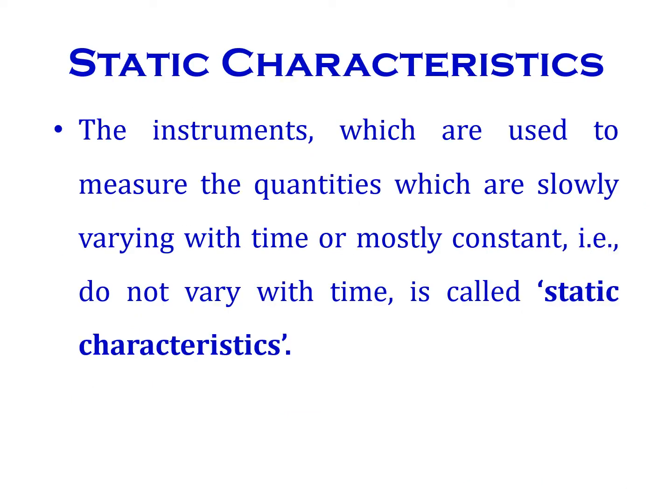Static characteristics are used to measure quantities which are slowly varying with time or almost constant. That is, it will not vary with time, which is called a static characteristic. For example, accuracy, sensitivity, drift, resolution, repeatability, hysteresis are some examples of static characteristics.